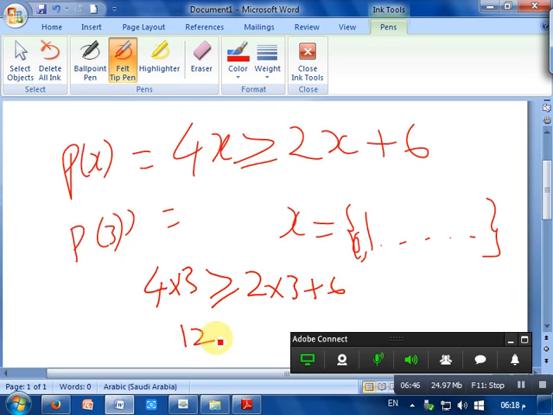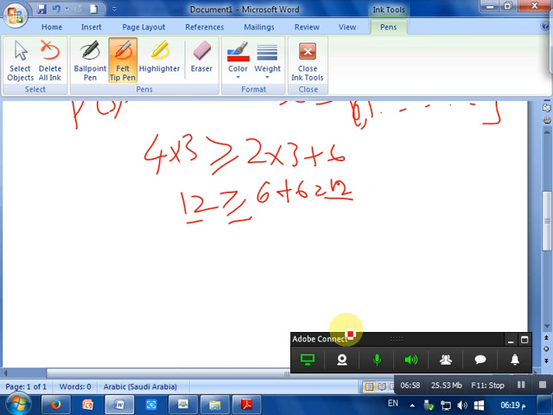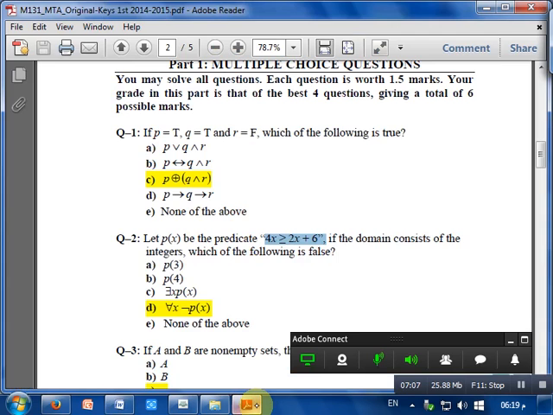So it is 4 times 3 is 12. 12 is greater than or equal to 6 plus 6, which is 12. So 12 is equal to 12. It is true. It is not false. Clear? So 12 greater than or equal to 12 is true. So you will not select this one.